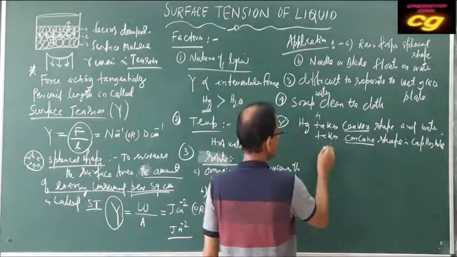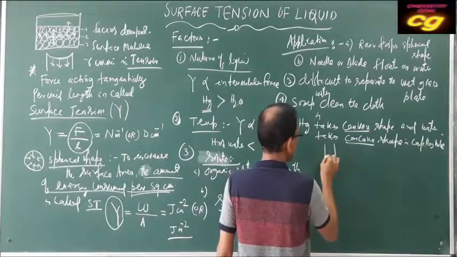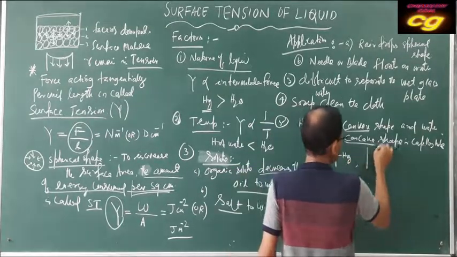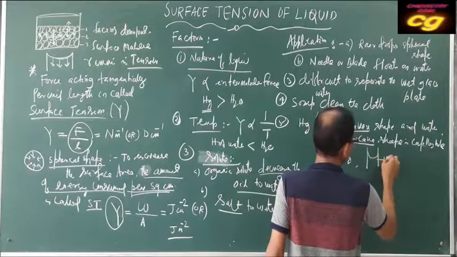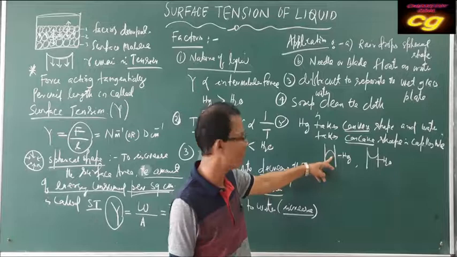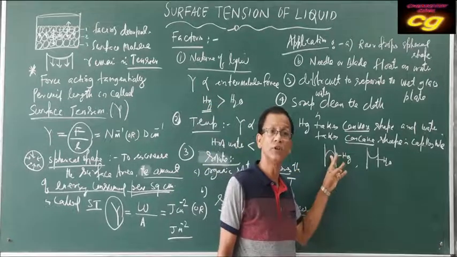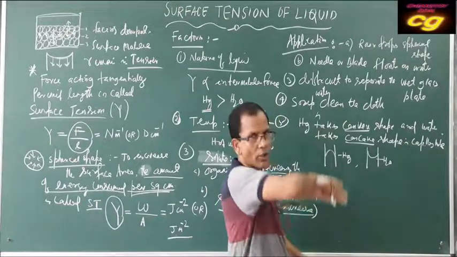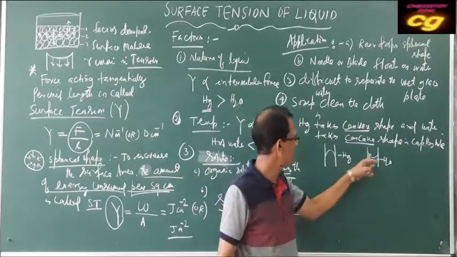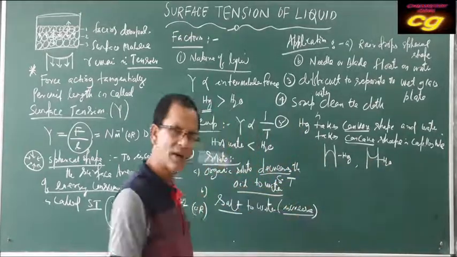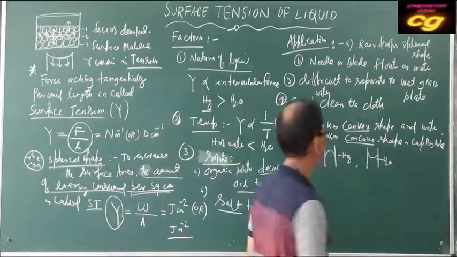For example, this is your mercury and this is your water. This is the mercury shape. Already you have seen the shape of the mercury meniscus in the thermometer, that is upward, a convex shape, and water will be downward. So this is due to one important thing, remember, surface tension.